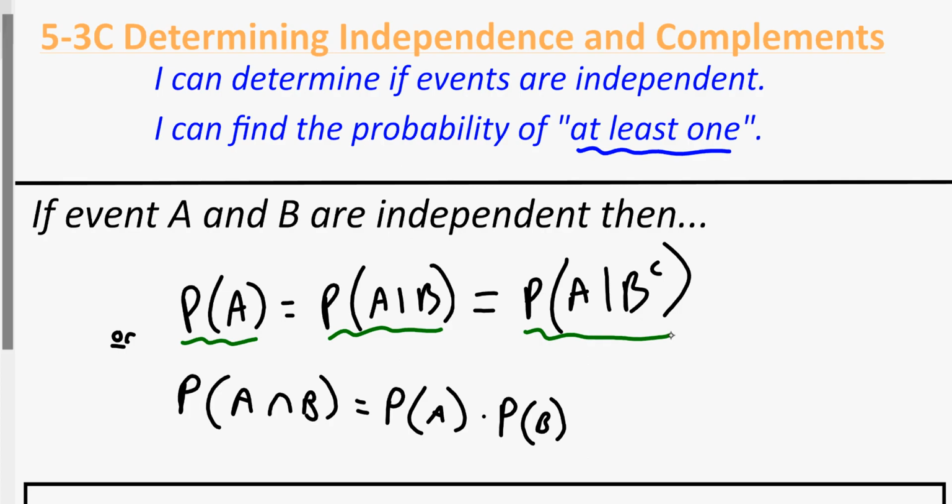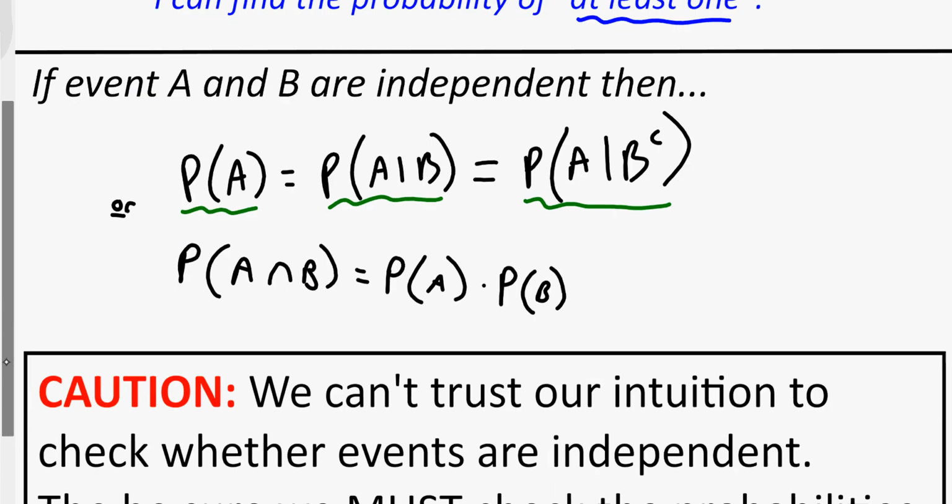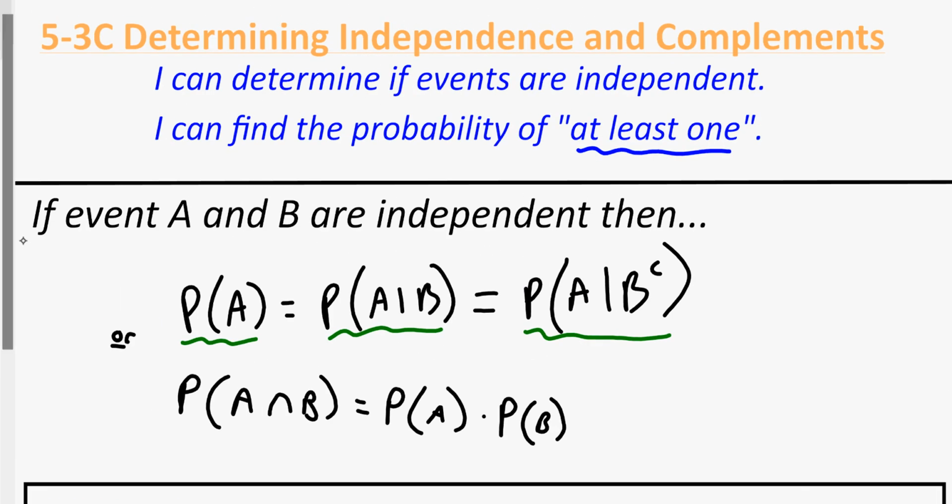The probability of A should not change given other things. We can also use the formula: the probability of A and B should equal the probability of A times the probability of B. If we can find all those things and see if they're equal, we could state that. And the second part was the probability of at least 1. And that's where we can do the 1 minus. That's section 5.3c. We'll see you next time.